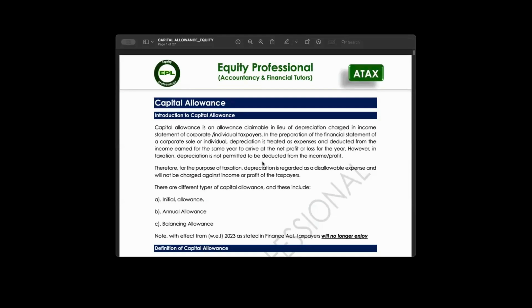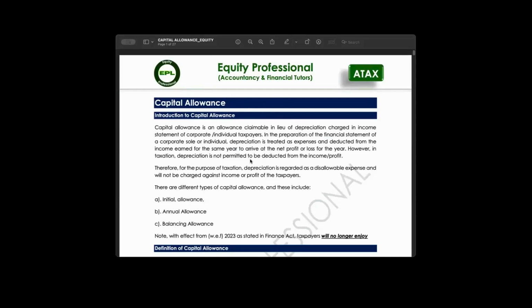Today, we're going to be looking at capital allowance, and you remember one of the disallowable expenses that we talked about in our last class was depreciation. We said depreciation is just the spread of the historical cost of the assets over the estimated useful life, and depreciation does not involve movement of cash.